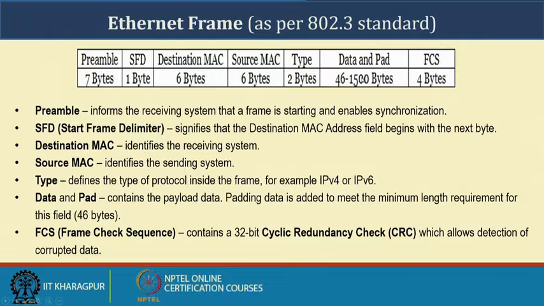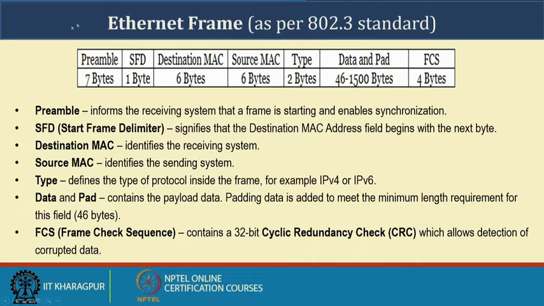If there is no payload, we should have a padding of 46. So, if the payload varies from 0 to 1500 bytes, the pad varies from 0 to 46 bytes, and we have a CRC check or FCS of 4 bytes.